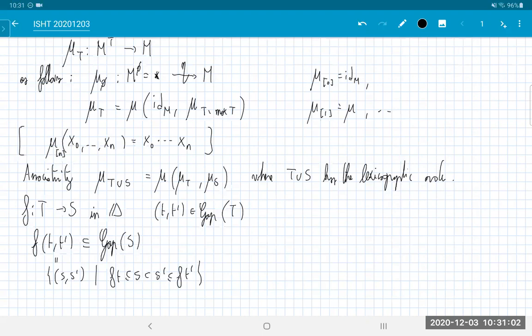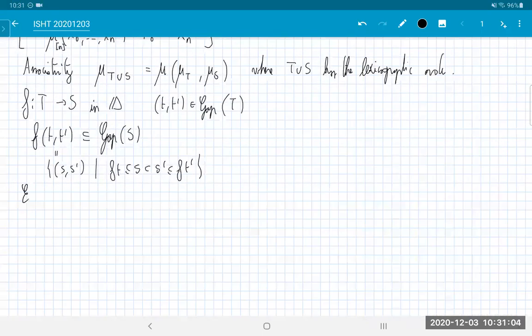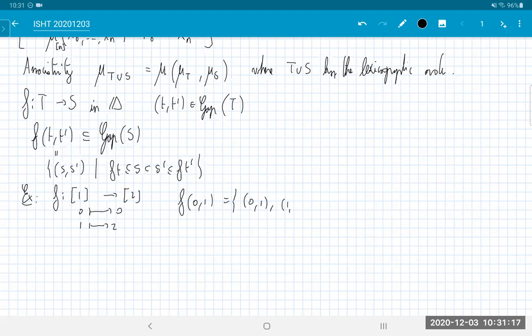For example, if I have the map 1 to 2, sending 0 to 0 and 1 to 2, f of 0, 1 is just the set 0, 1, 1, 2.